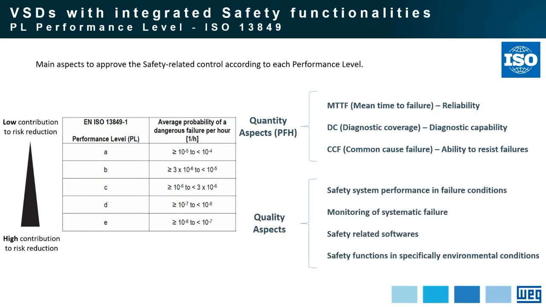Looking at other aspects, the ISO standard also defines that the machine must be evaluated according to the quality aspects. With the quality aspects, safety system performance in failure conditions will be evaluated as well. The standard defines some conditions that are necessary to follow in order to design the machines, to find and to monitor all the systematic failures.